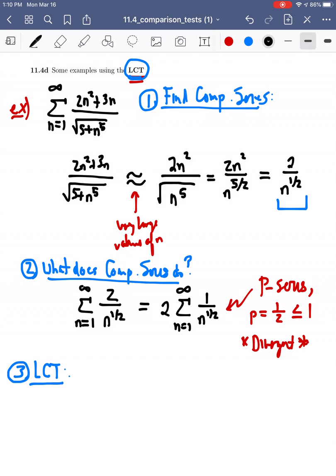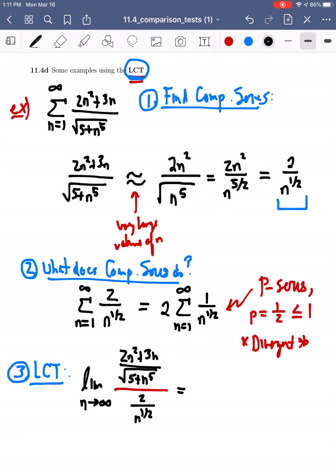So to do this, we take the limit as n goes to infinity of the ratio of our series functions, which in this case we could write as 2n squared plus 3n all over that ugly square root, 5 plus n to the fifth, all divided by the second series, which in this case is 2 over n to the 1/2.